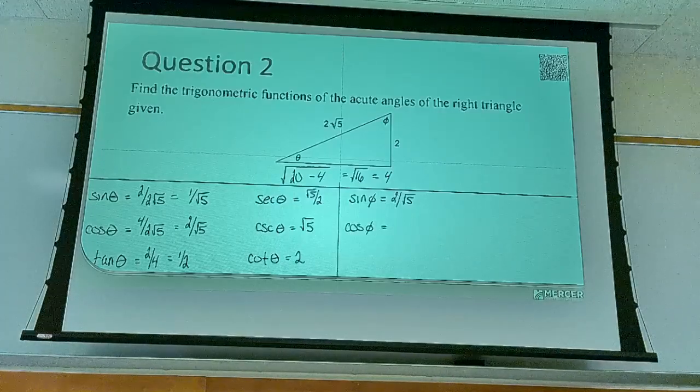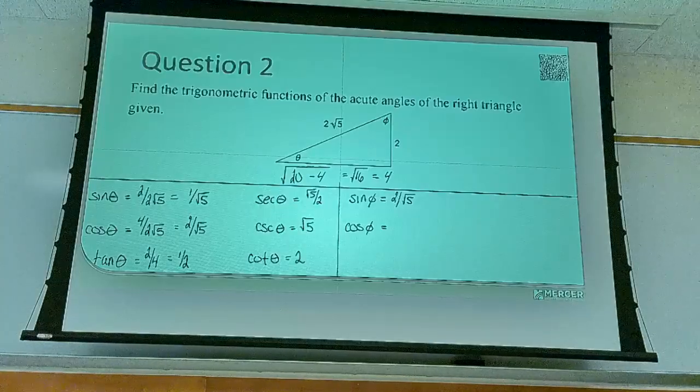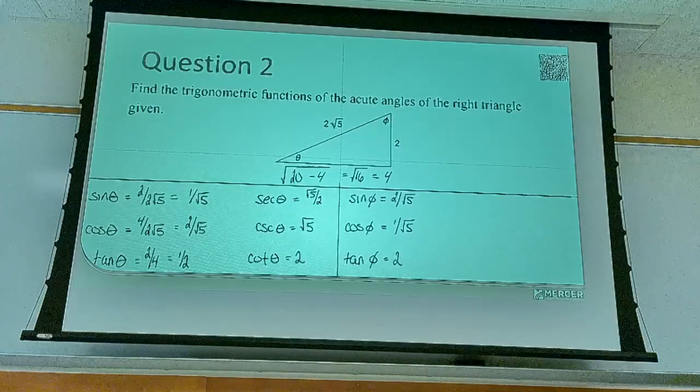Cosine of phi. One over the square root of 5. Tangent of phi.